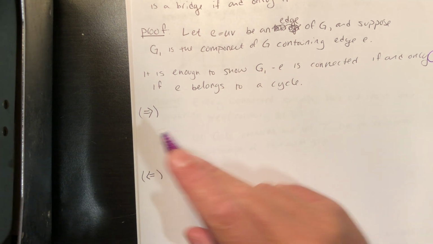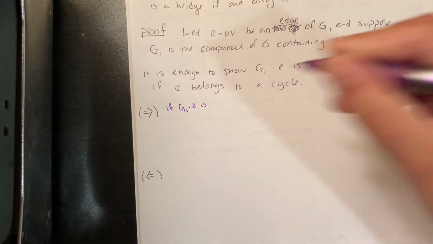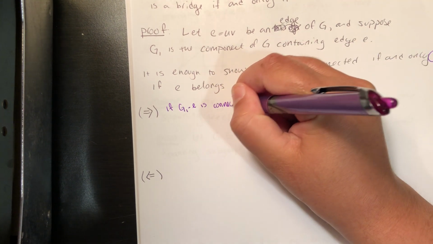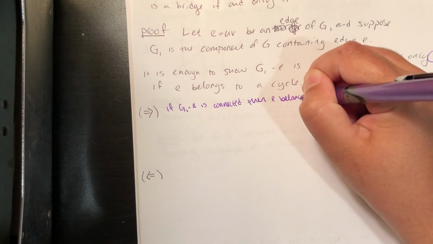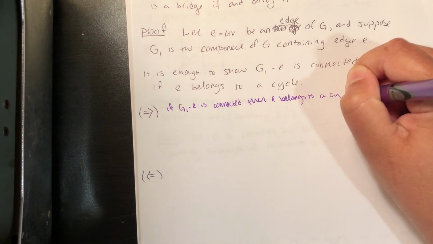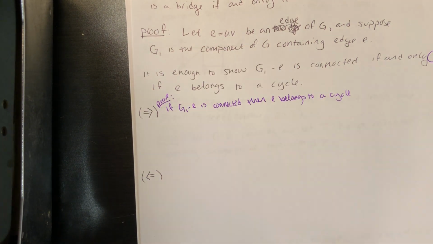In other words, we're going to prove that if G1 minus E is connected, then E belongs to a cycle. This is what we're trying to prove for this first direction.